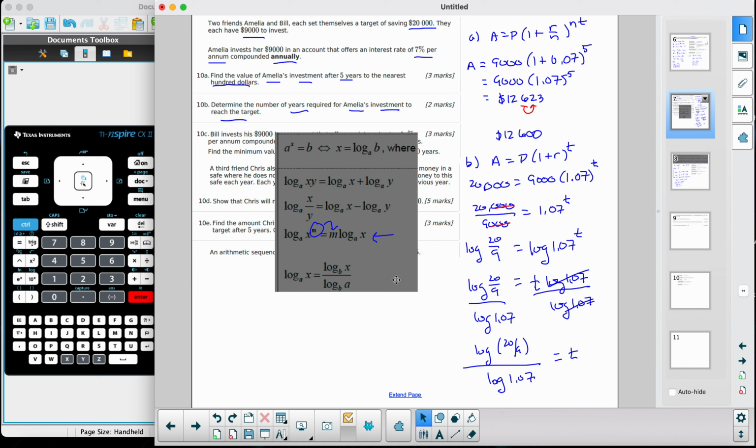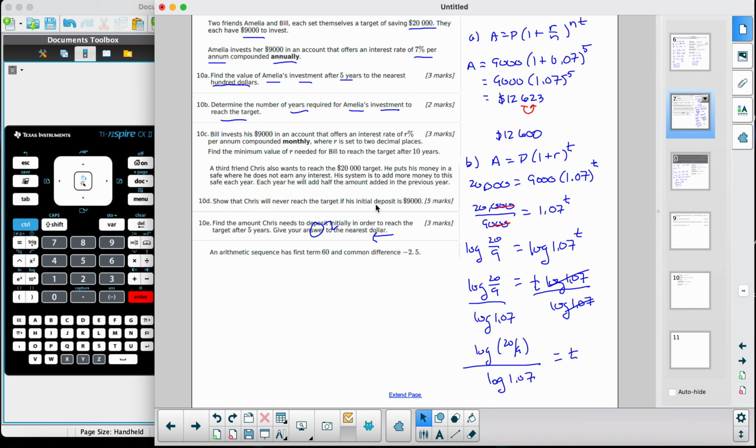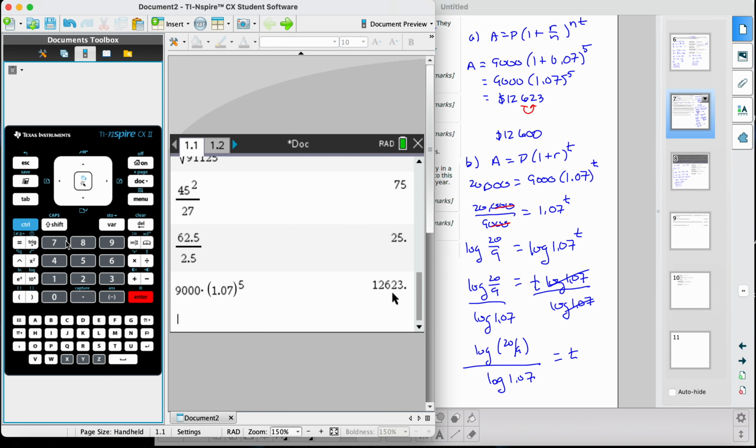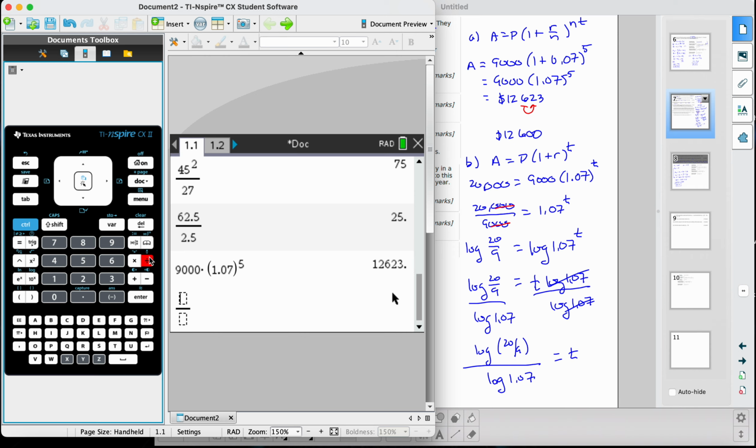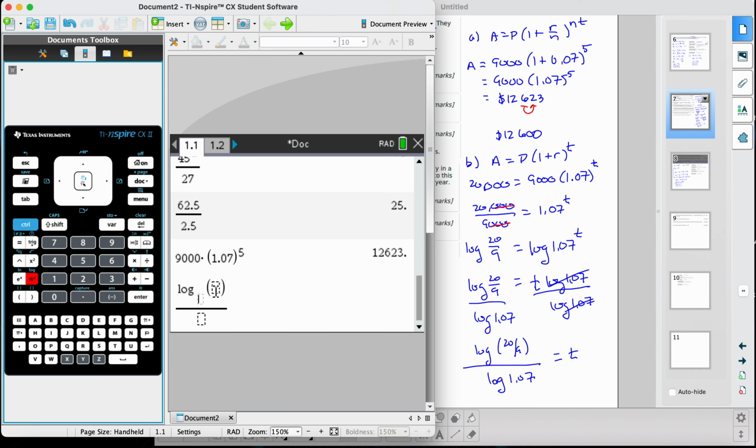All right. So now I'm going to get this out of here. Boom. Log of 20 over 9, over log of 1.07. So I need a fraction. Use the fraction thing, and you're going to make fewer mistakes entering. It's the log of a fraction.